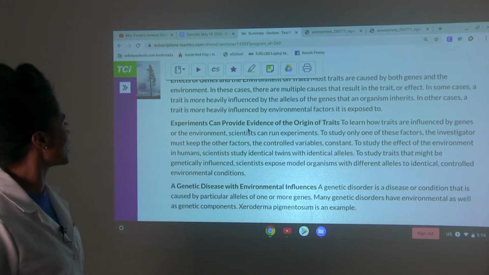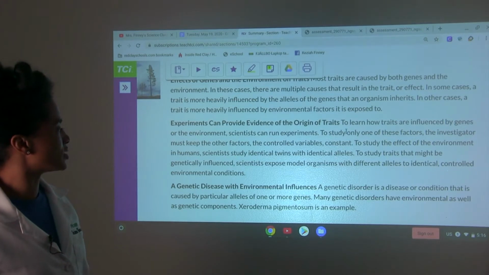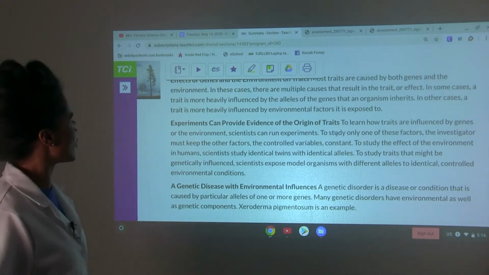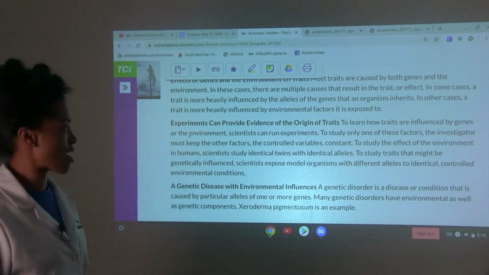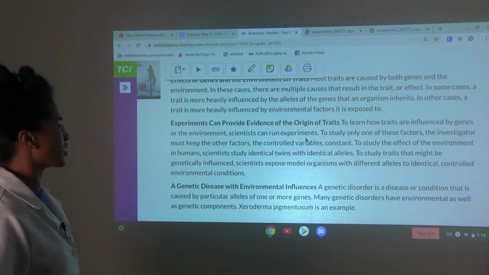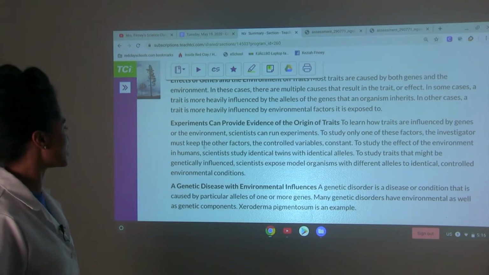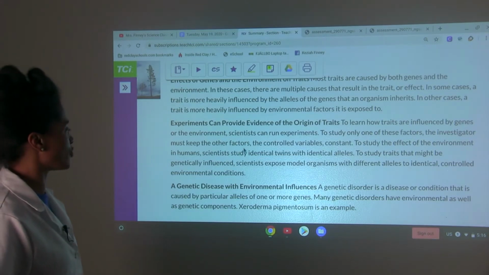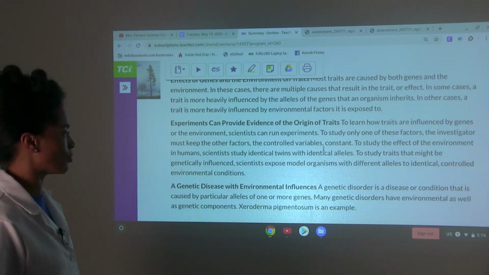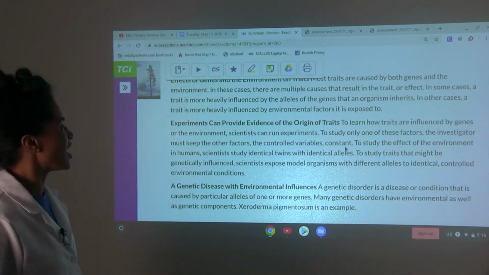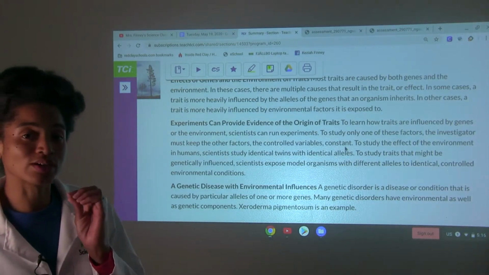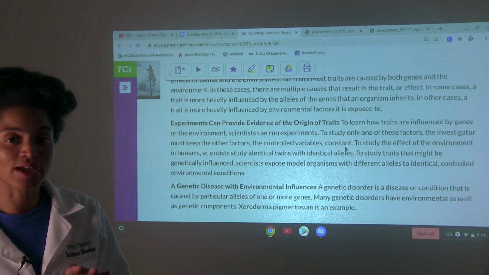Experiments can provide evidence of the origin of traits. To learn how traits are influenced by genes or the environment, scientists can run experiments. To study only one of these factors, the investigator must keep the other factors, the control variables, constant. And we learned about this when you're looking at your plants that you have growing at home.